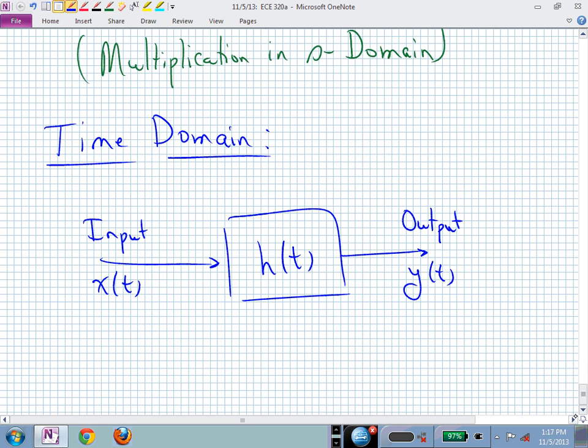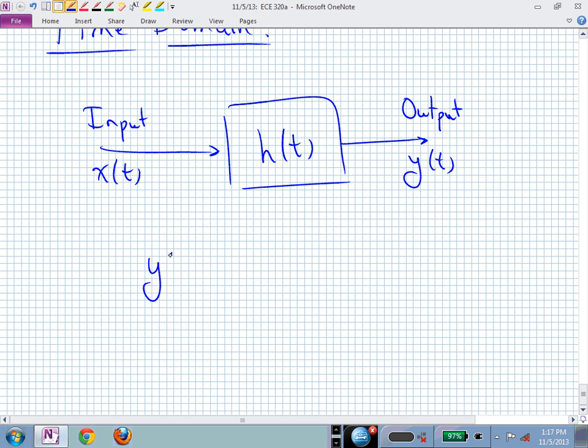And somebody says, oh, I remember this. y of t is equal to h of t times x of t. Not right. We just derived the relationship. So don't be doing this in the time domain. When you have x and h, don't be multiplying them to get the output.